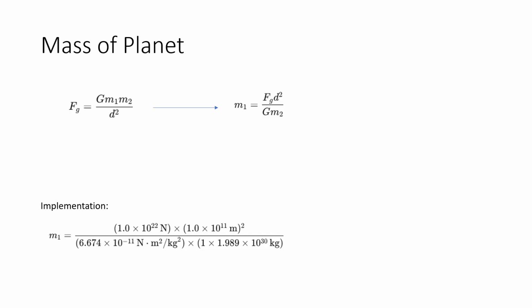M2 is basically the mass of the star, and then you can just swap M1 and M2, it doesn't really matter. And then D is the distance between the exoplanet and the star. So we basically rearrange the equation to solve for the exoplanet's mass, which is M1, right? So we rewrite it to get M1 equals Fg times D squared, divided by G times M2.